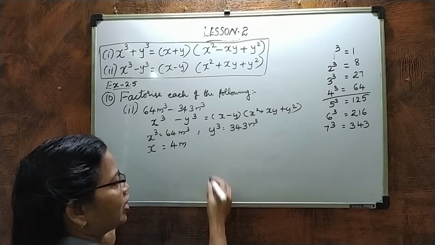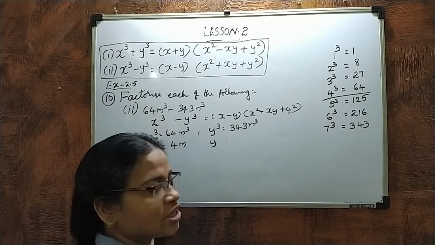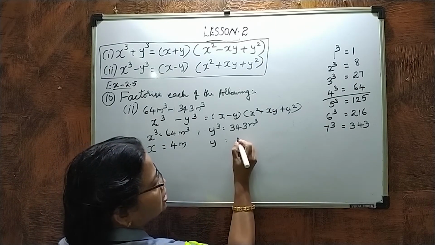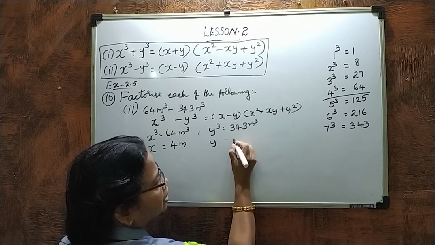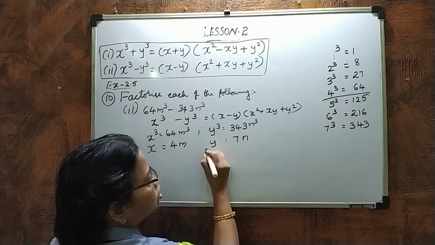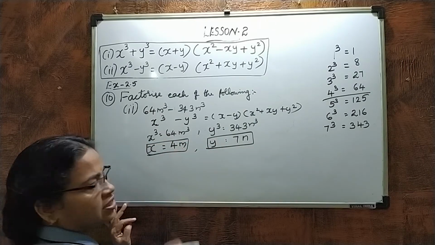That means y is equal to 7 cube, 7 into 7 into 7. 49 into 7 is 343. So 343 becomes 7. n cube becomes n. So here you got y, here you got x.